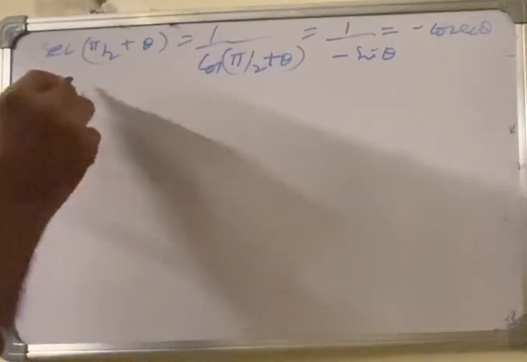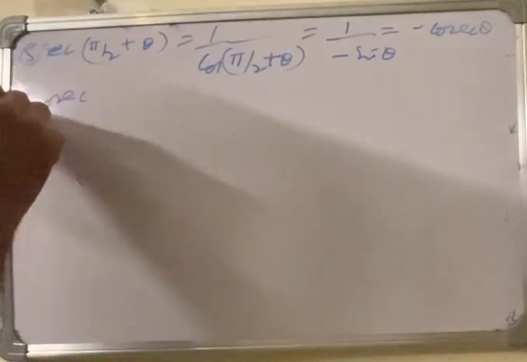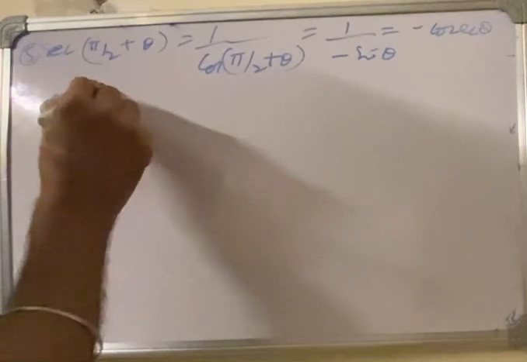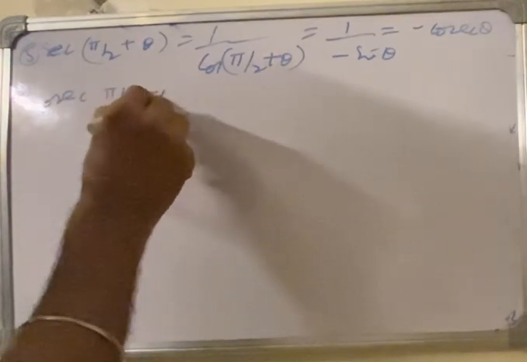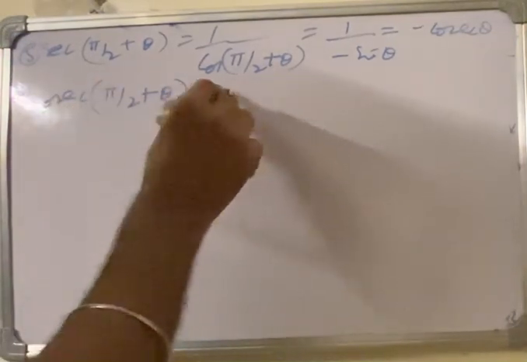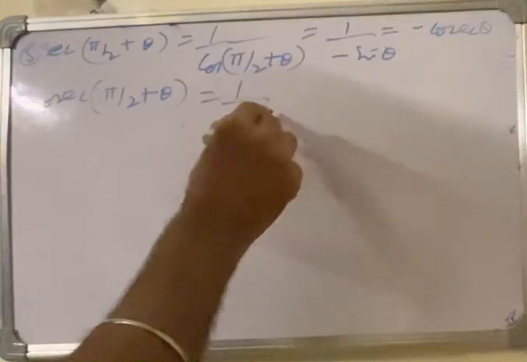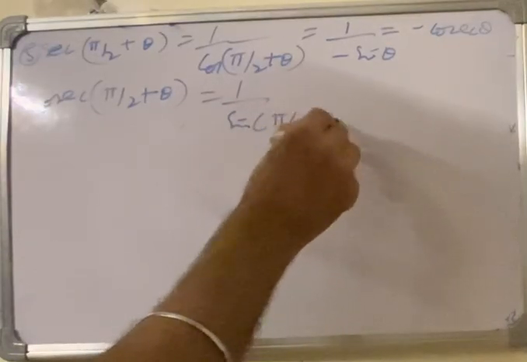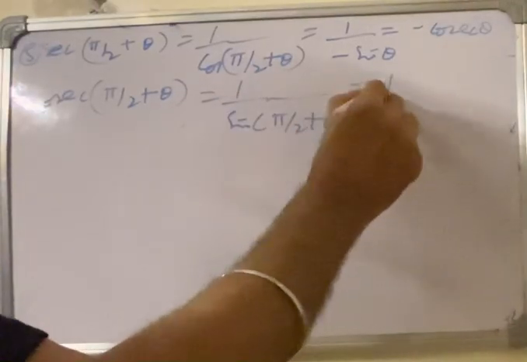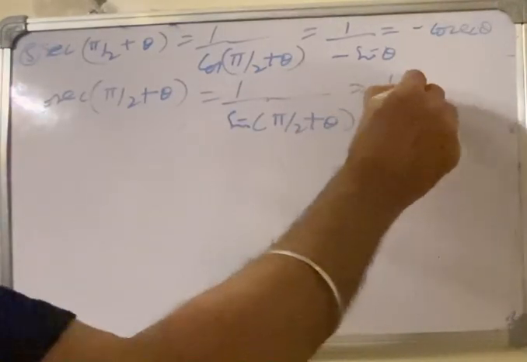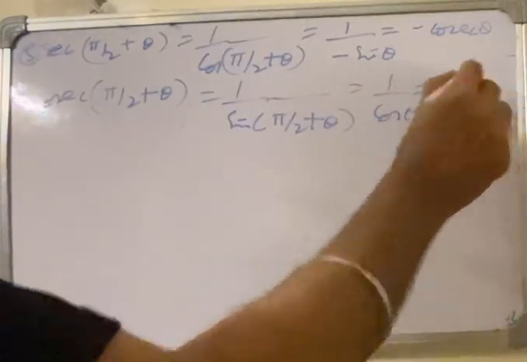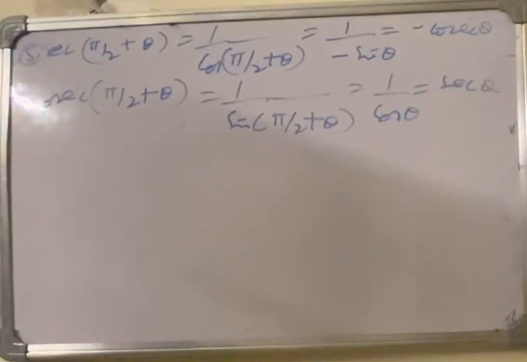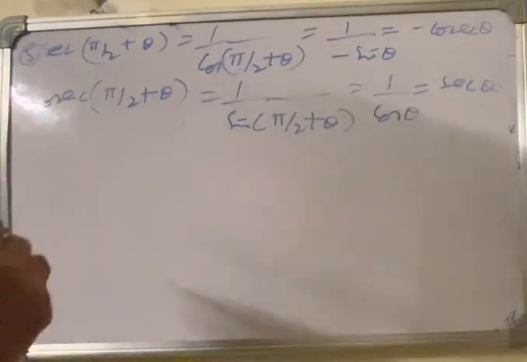Then lastly we take cosecant. Cosecant of pi by 2 plus theta is equal to 1 over sine of pi by 2 plus theta, which is 1 over cos theta, which is secant theta. So we have seen that only sine and cosecant are positive, all the others are negative.